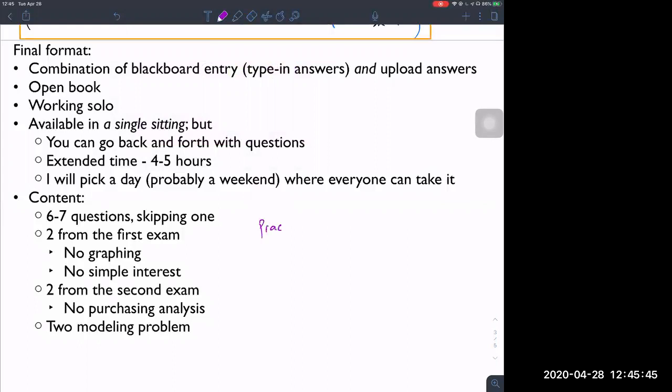So practice, not homework, is available. It's on page 43 in the appendix, and there are questions and full-on answers.